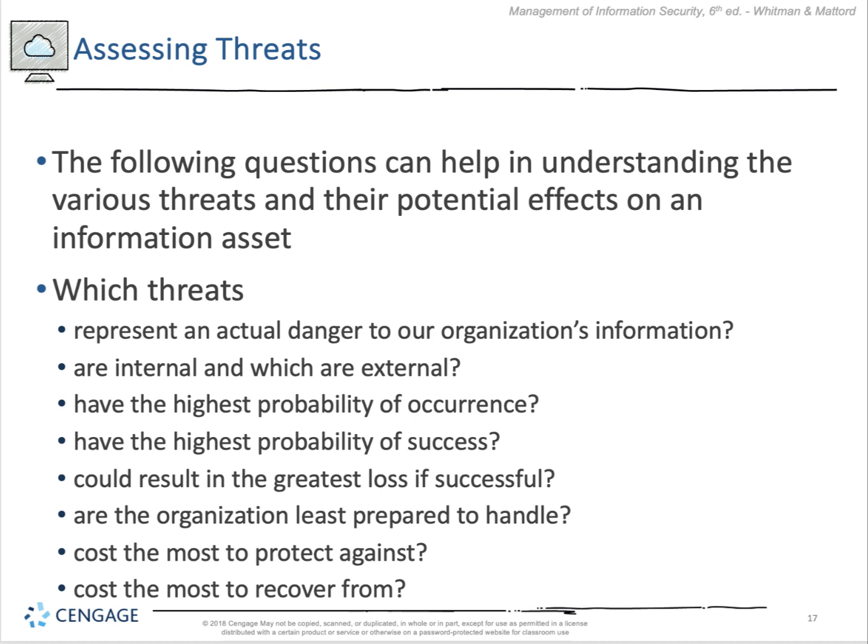So for example, which threats represent an actual danger to our organization's information, which threats are internal and which are external, which threats have the highest probability of occurrence, which threats have the highest probability of success, which threats could result in the greatest loss if successful, which threats is the organization least prepared to handle, which threats cost the most to protect against, and which threats cost the most to recover from.